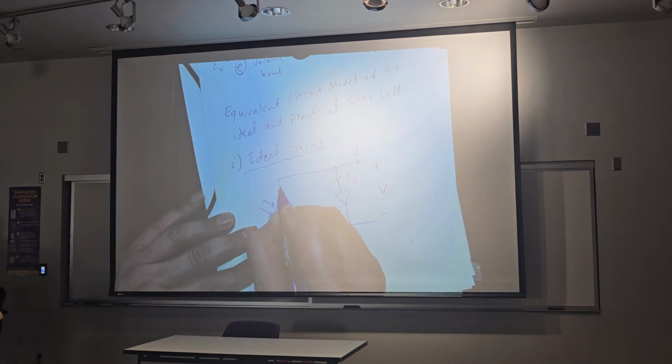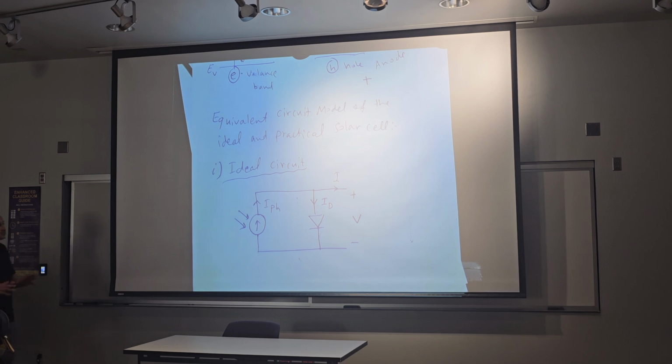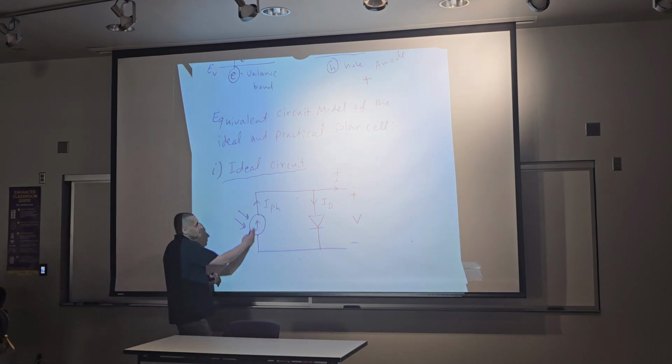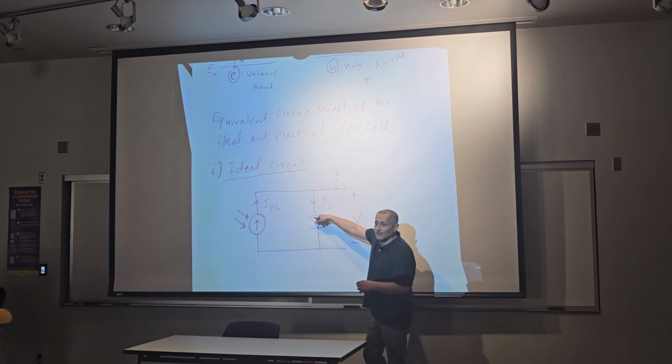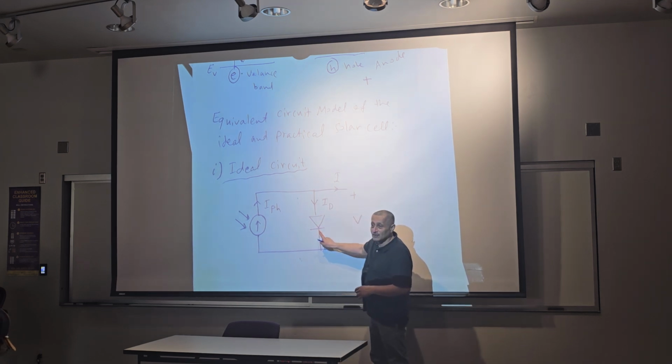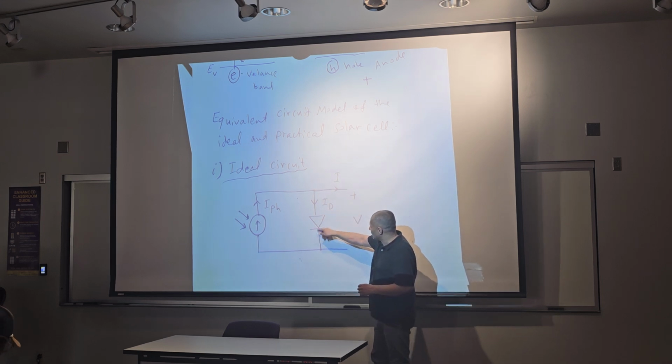And this is I photon. See now, the direction is very important. This I photon, this I diode, the direction is from positive to negative, not from negative to positive. The diode should be from positive to negative.